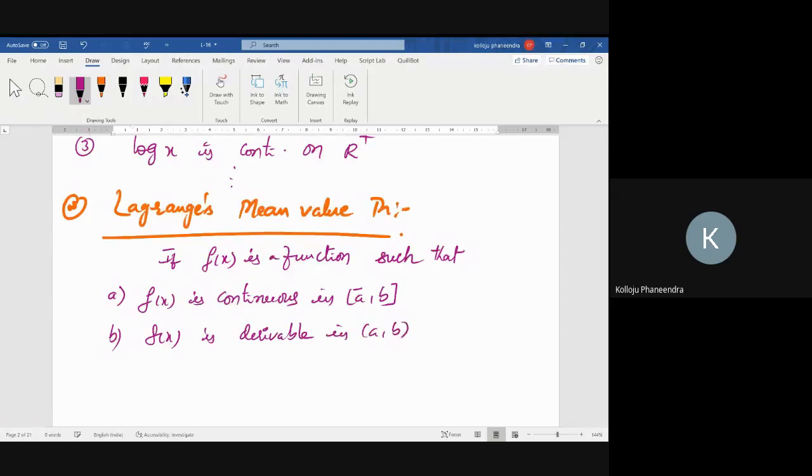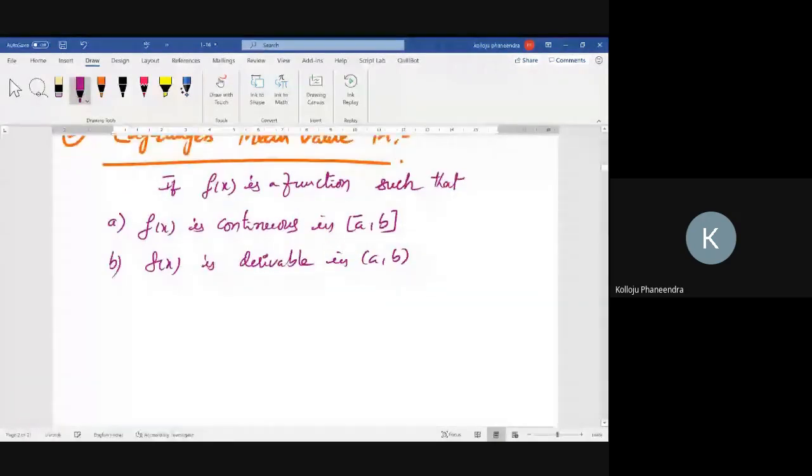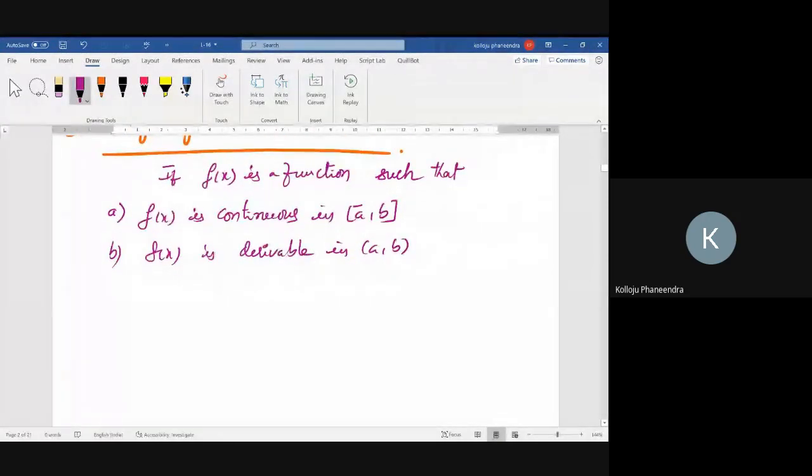Only two conditions. The third condition, f of A equal to f of B, is not there. That means f of A not equal to f of B must be allowed for Lagrange's mean value theorem.